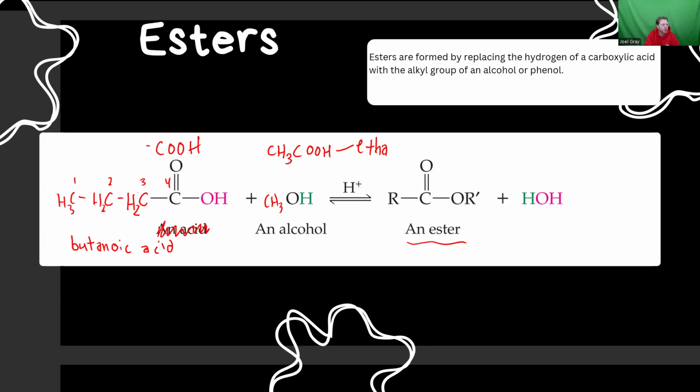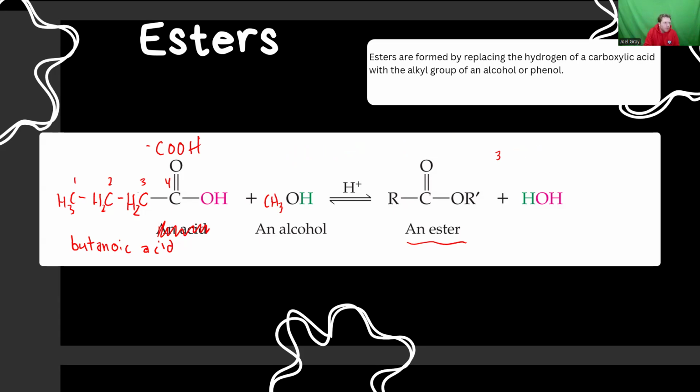Does anyone want to go ahead and add to the chat what your guess is for a three carbon carboxylic acid? So this compound right here. Propanoic acid. Great job. Awesome.